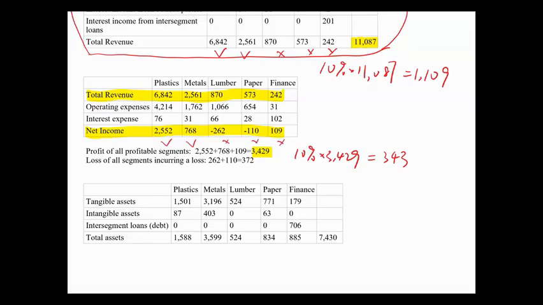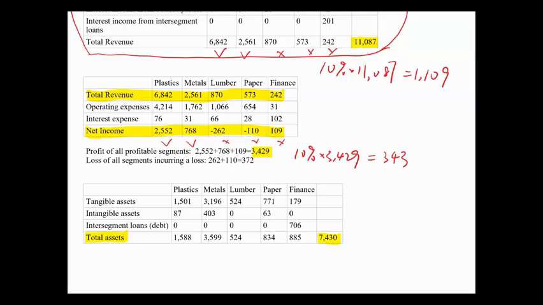Okay, so far only 2 segments are reportable, and then let's move on to our last test, the asset test. First we need to calculate the total asset of each department. Total asset of each department equals the tangible asset plus intangible asset plus intersegment loans or debt. Then we calculate the total assets of all the operating segments combined.